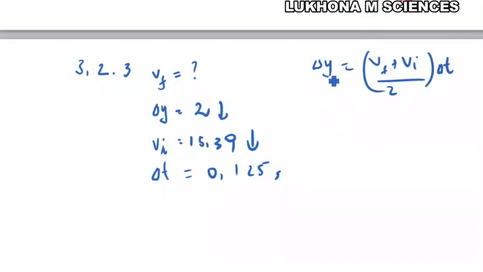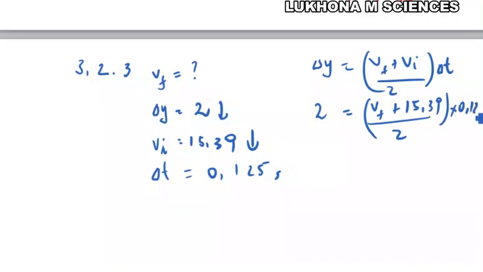So the delta y is 2. The final velocity is what we are looking for. Then the initial velocity is 15,39 divided by 2 times the time is 0,125. Okay, then what we can do is to divide by 0,125 both sides, this cancels that.